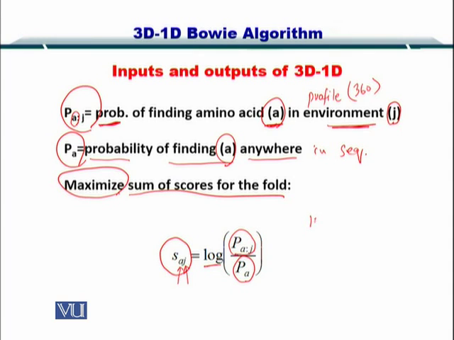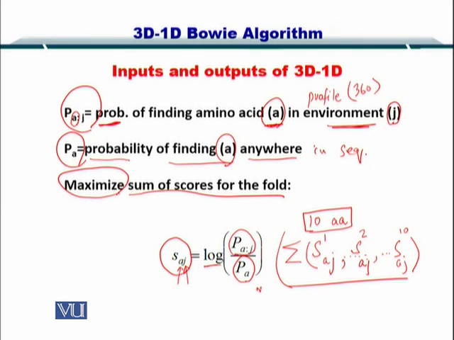So let's say if you have 10 amino acids in a fold, then you have to sum all these S_AJs and maximize them. So this will be the score that will be the profile used to predict the structure.